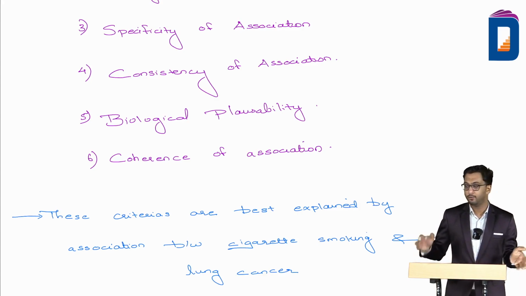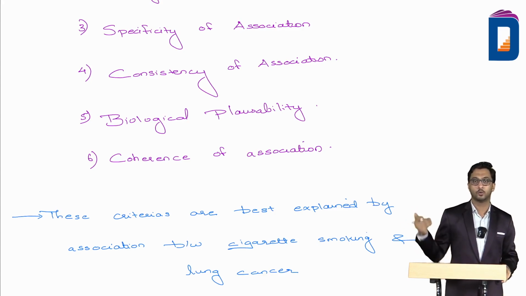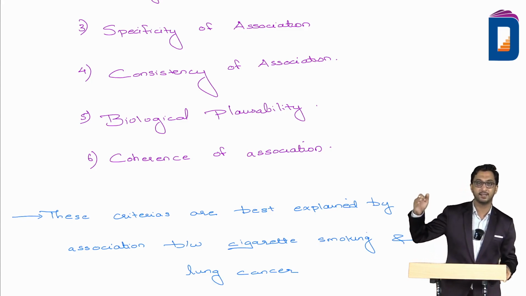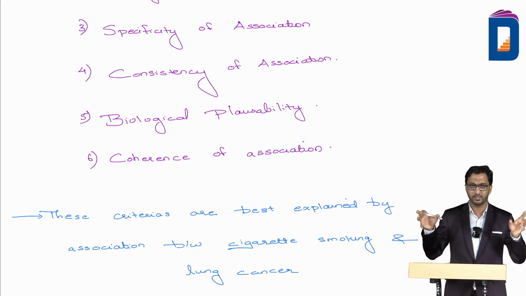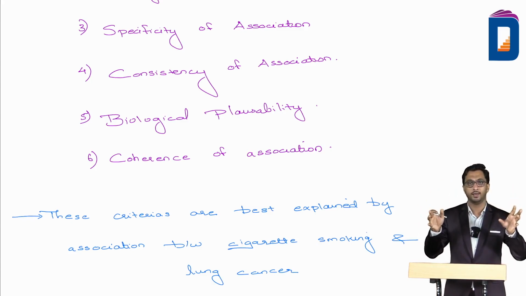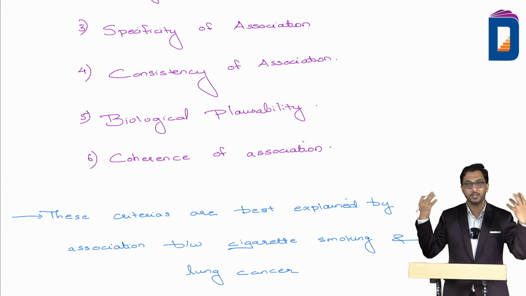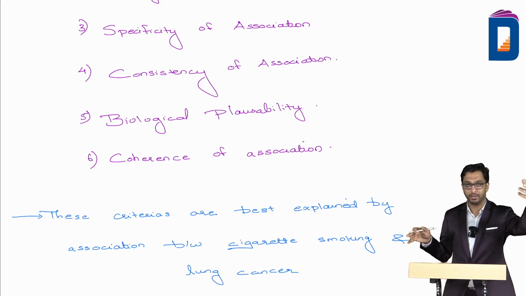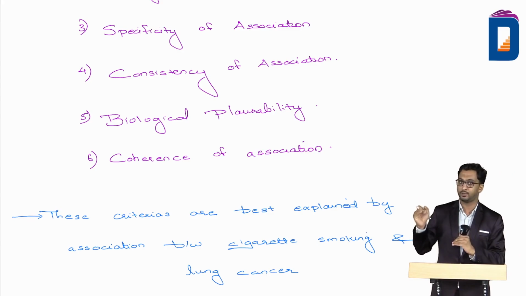Now females also smoke equivalently to males, so in females also the cases are increasing. So that is coherence of association, coherent with what you see in normal situations. More males smoking, more male lung cancers. More females smoking, now the cases are increasing.